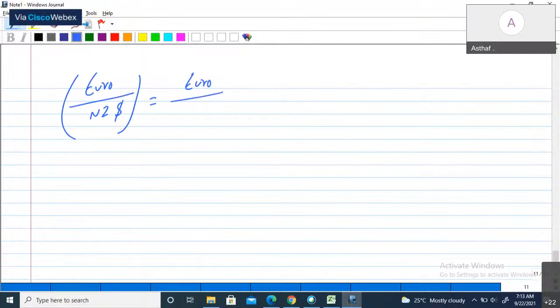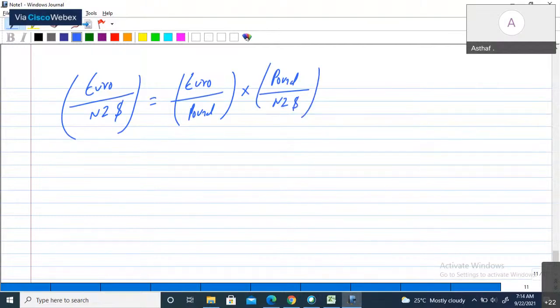Yes, euro with pound is available. A/B into B/C, so what is your denominator has to come in the numerator at the next level. So what is the B? The pound, divided by C. That should be your order.